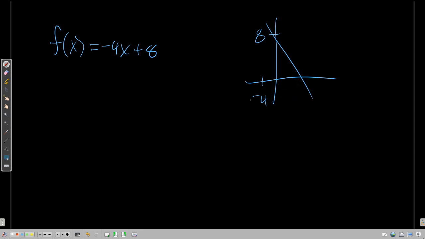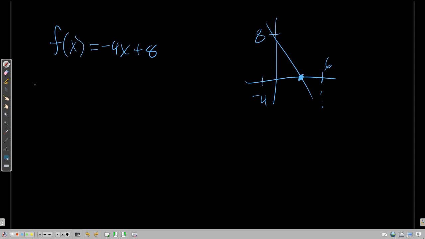Where does it switch to start having negative area there? I don't want that to be negative because I want the total area. Where is that thing going to be 0?